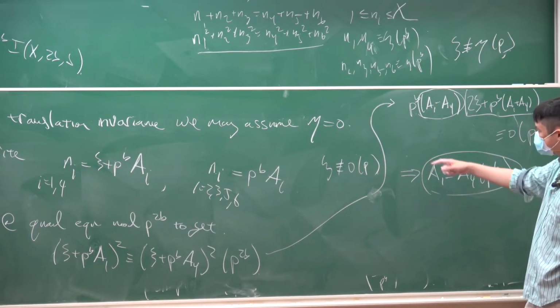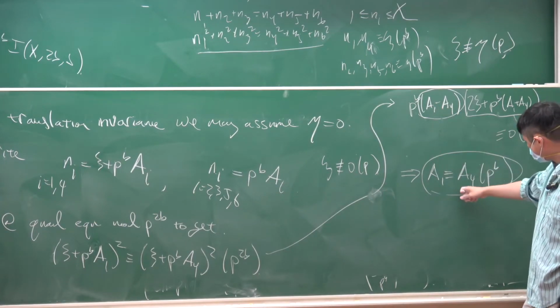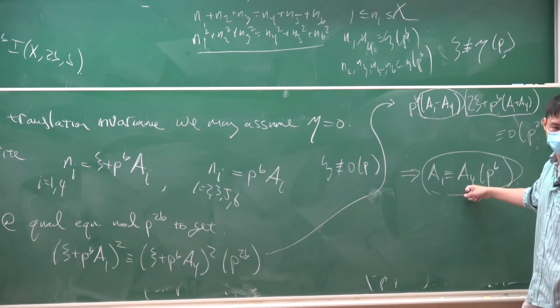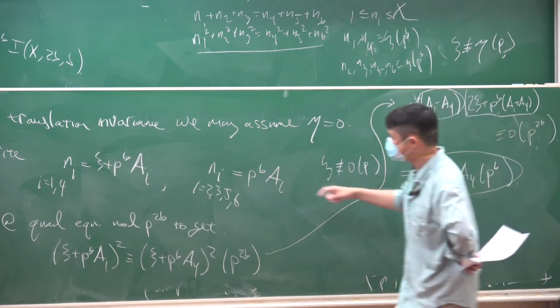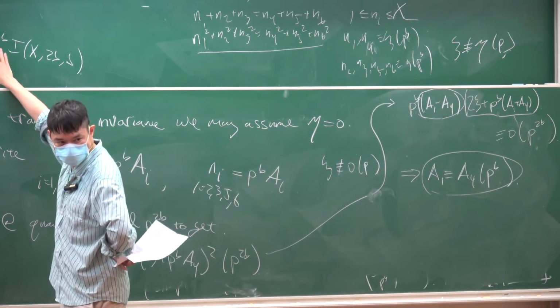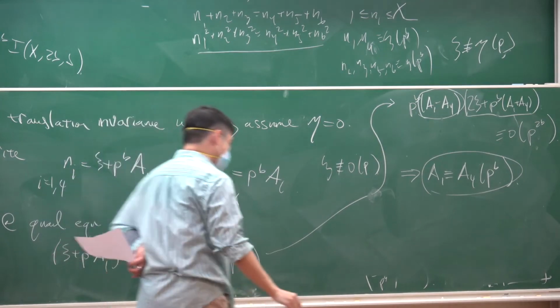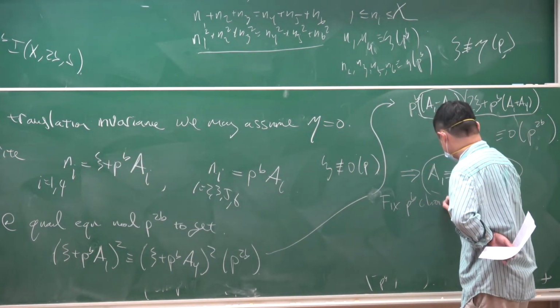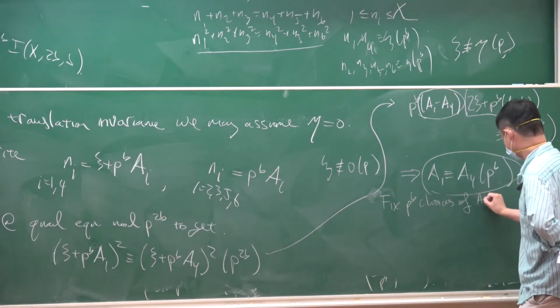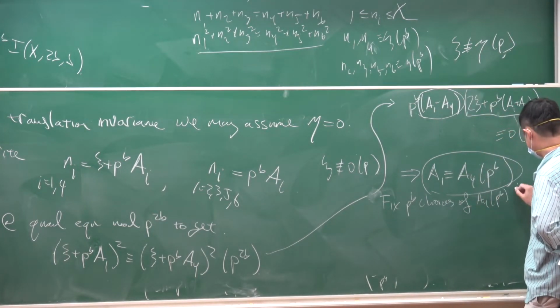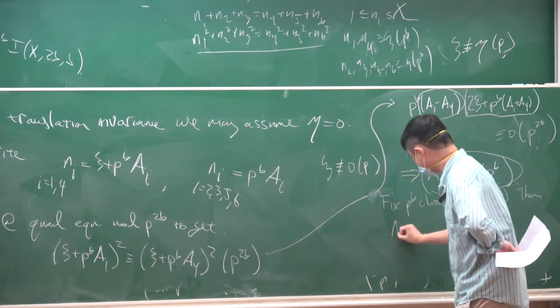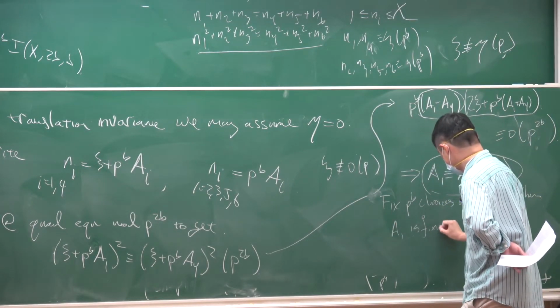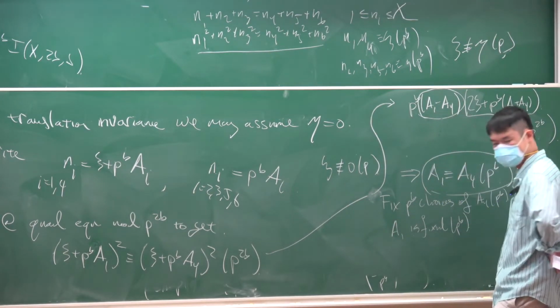So how do we finish? So if I fix, how many choices of a4 are there? Well, there are p to the b many choices of a4. That's where this comes from. So fix p to the b choices of a4 mod p to the b. Then a1 is fixed mod p to the b.